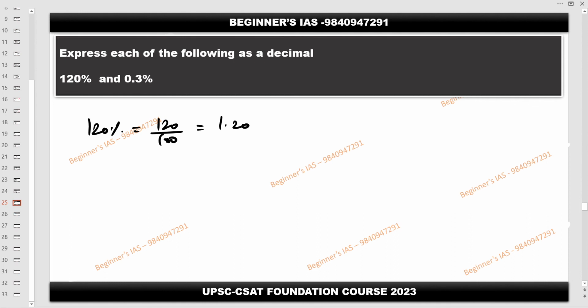Then 0.3 percent, which is 0.3 by 100, the decimal should move two places. First place, second place. Therefore 0.003. Understood, everyone? Anybody having a doubt? No, right?